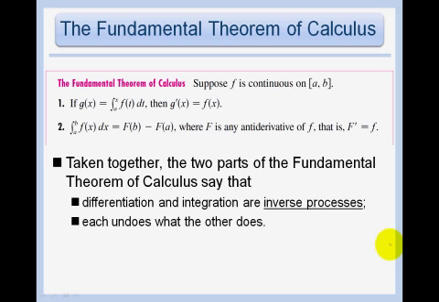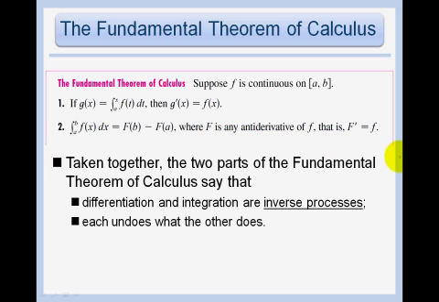There are two parts to the fundamental theorem of calculus. We've covered part 1, and the second part is just saying that the integral of little f is just big F of b minus big F of a, where big F is any antiderivative of f, that is big F prime is little f.